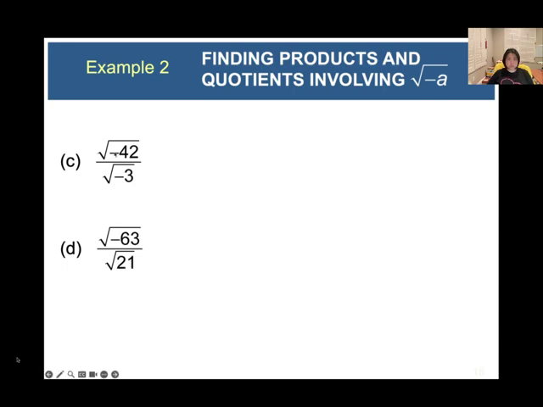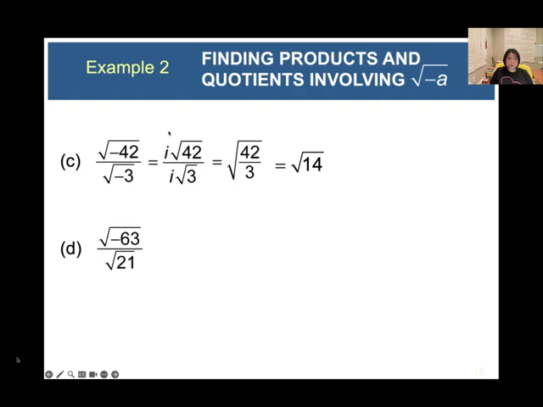Okay, do the same thing here. Use the definition of complex number. So that will be i square root of 42. And this is i square root of 3. Now, both of the radicands are positive numbers, so you could combine it together. What is 42 divided by 3? And the i here, the complex number, you could cancel out, okay?